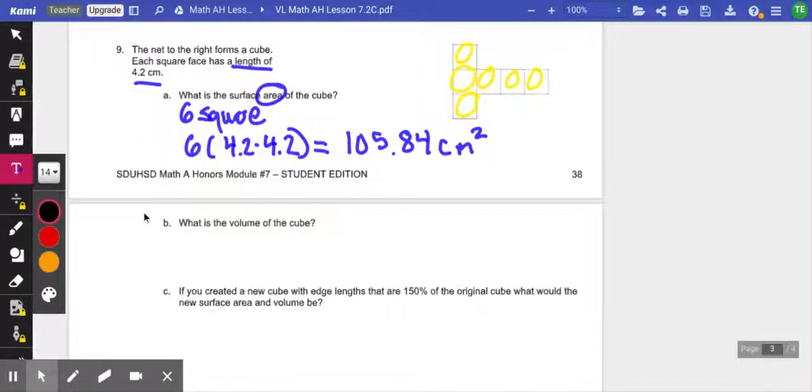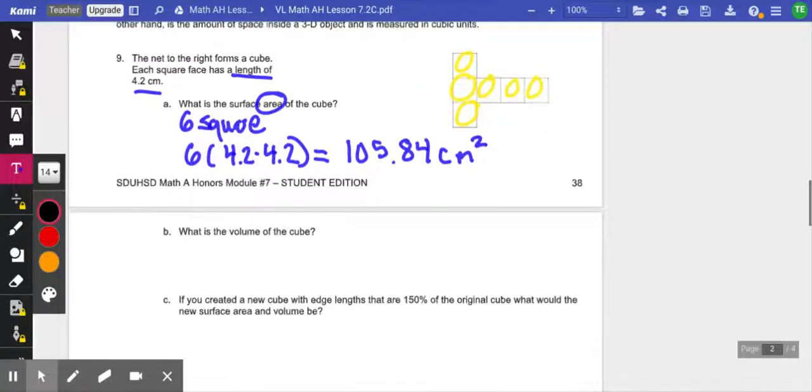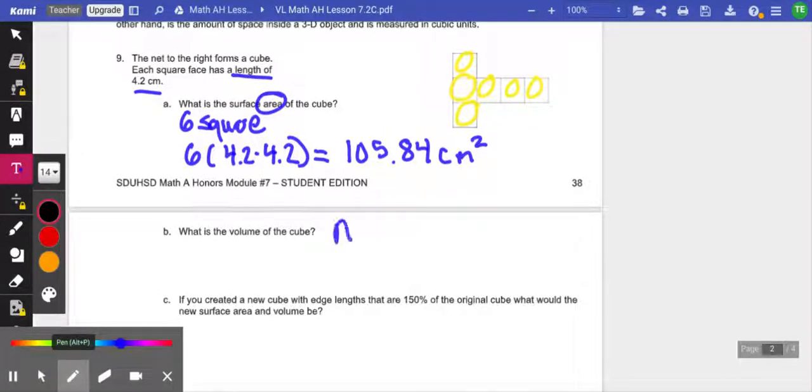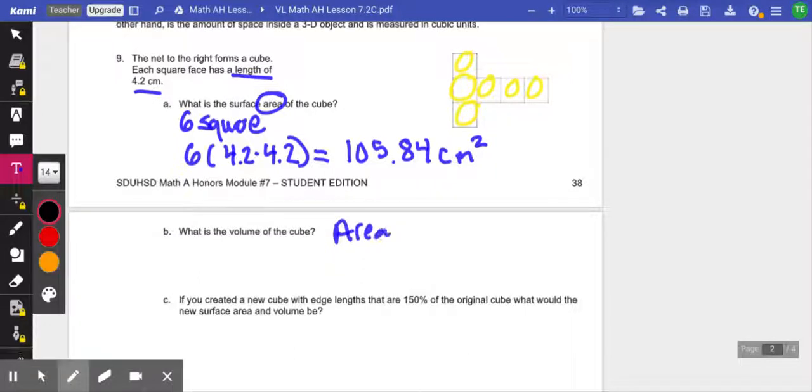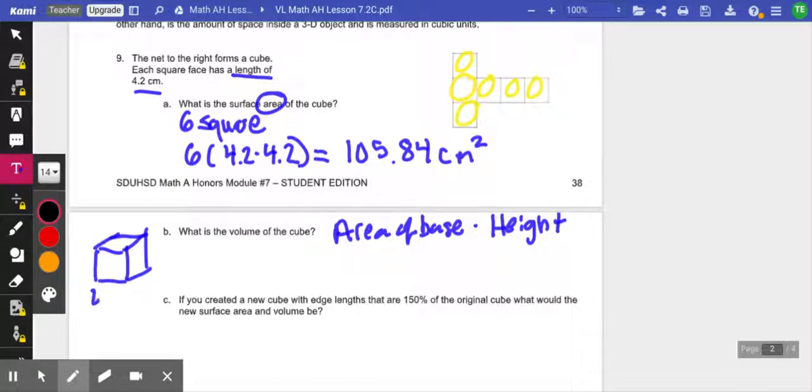What is the volume of the cube? To do the volume, we always do area of the base times the height of the prism. So if I have a cube, the base is 4.2 by 4.2, and the height is also 4.2.